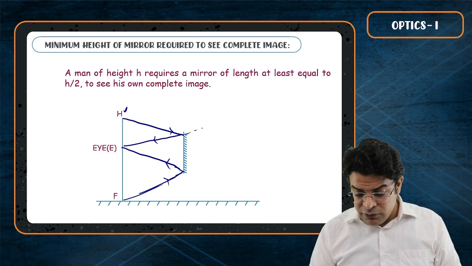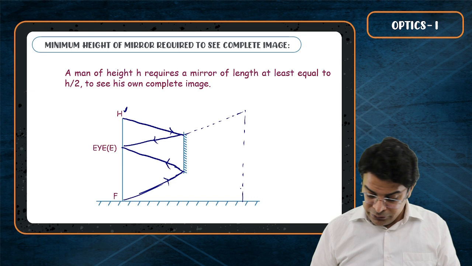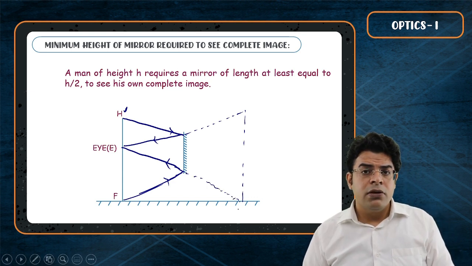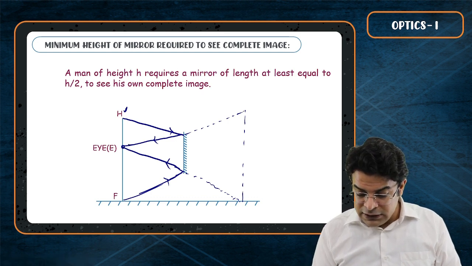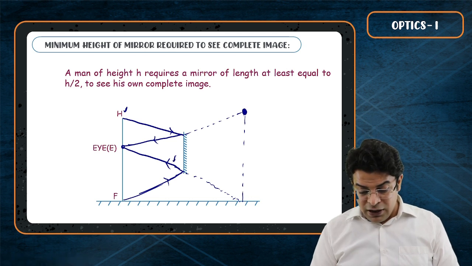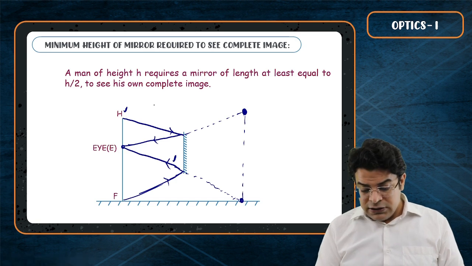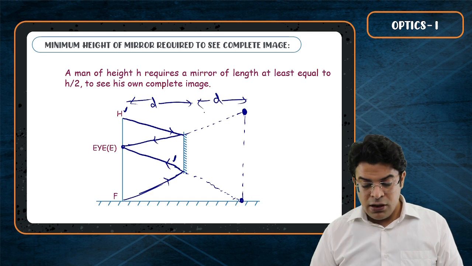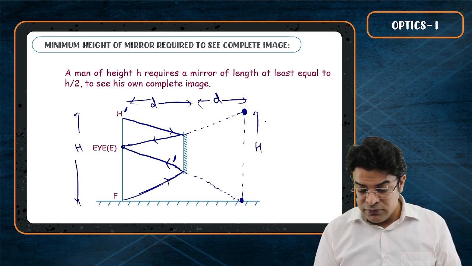These rays will appear to be coming from the person's image, right? Now the person will look here and say that, okay, I'm looking at the image of my head. The person will look at this ray and say that I'm looking at my feet. Since these two distances are the same, d and d, and if the height of the person is h, the height of image will also be h.